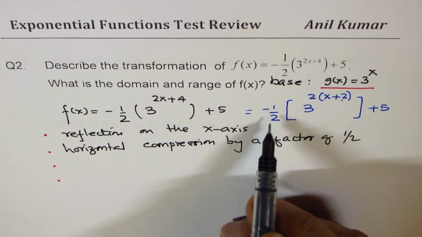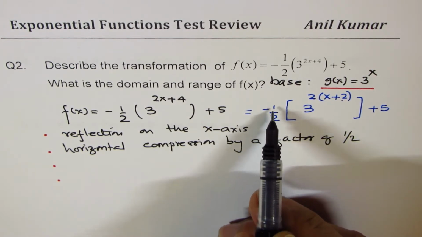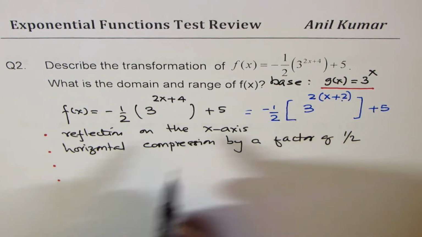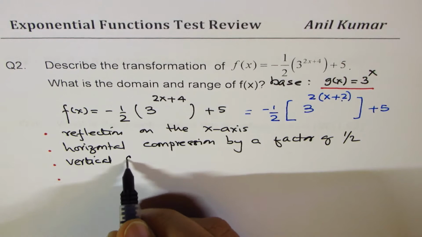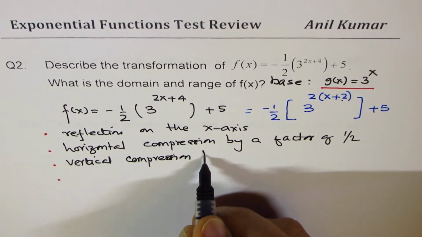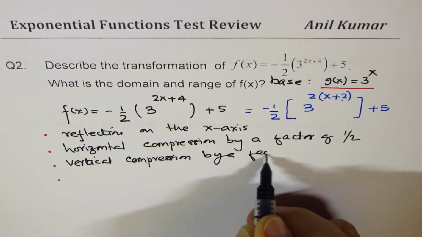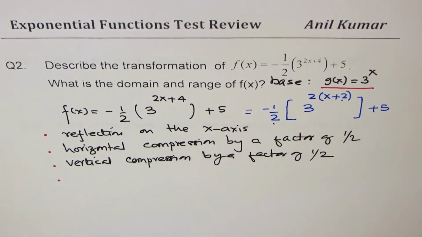I purposely missed this. So let's get back to the vertical compression by a factor of half, which is outside, right? So the outside is vertical compression by a factor of half. So this is because of this half, right?